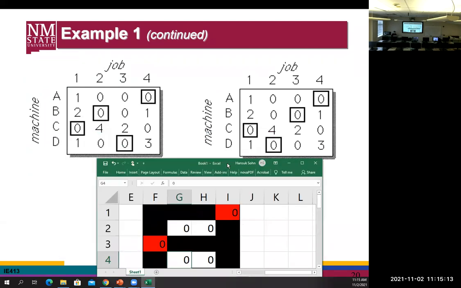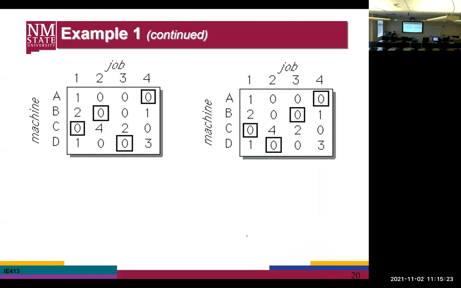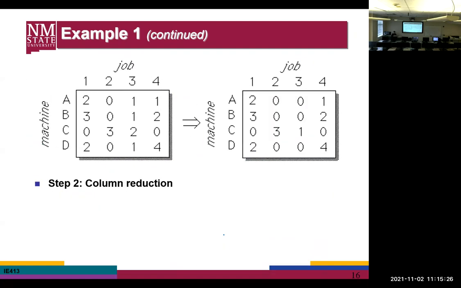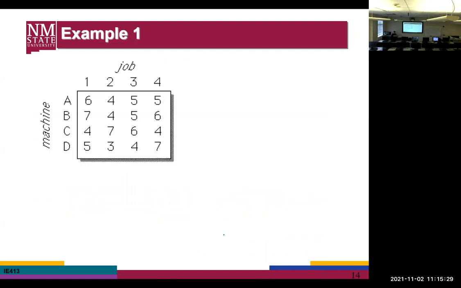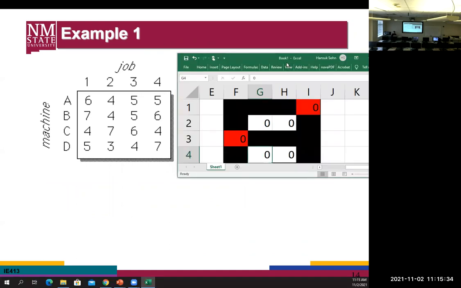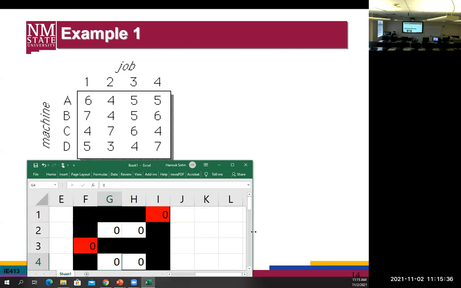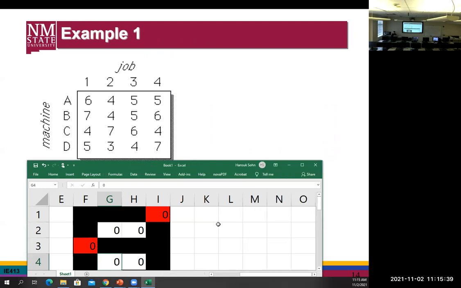Okay. And of course, both of them are optimal for this problem. So what you need is to bring back the original cost matrix. In this case, the optimal assignment cost corresponds to this location and this location, for example.